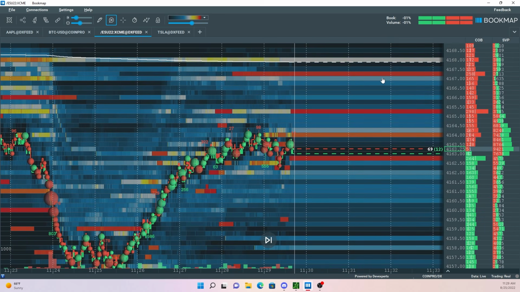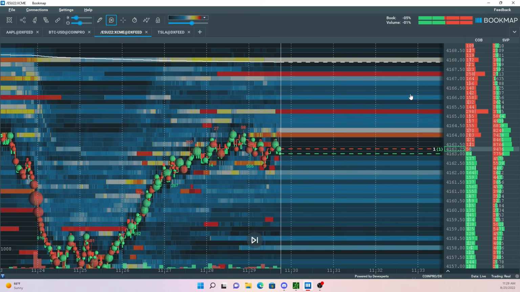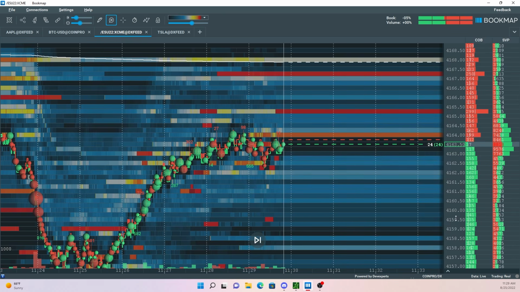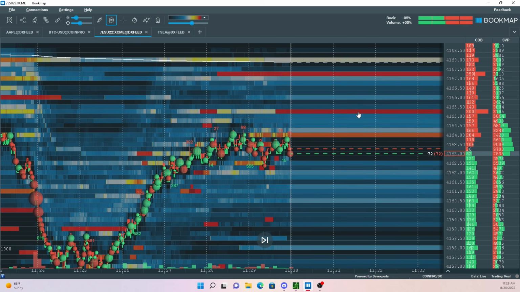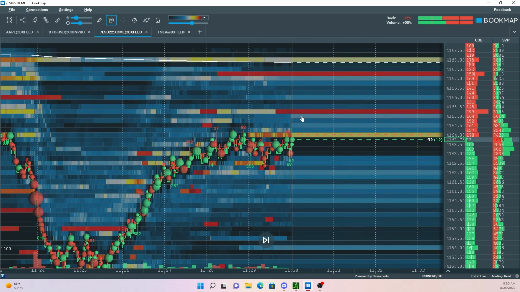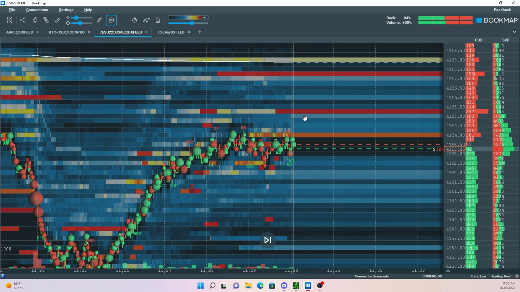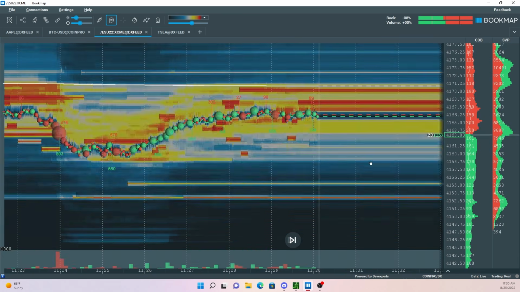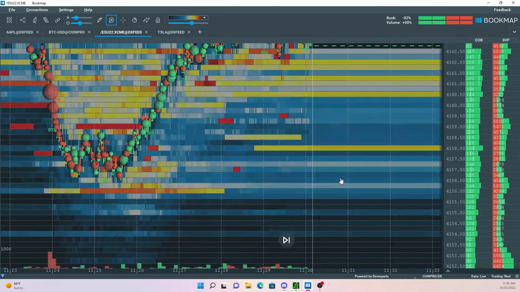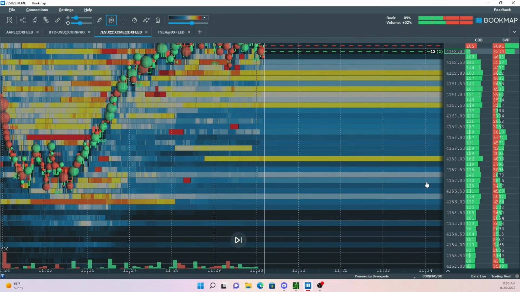Anybody could have caught that trade by simply looking at the S&P futures, realizing that there was a ton of sellers stacked at that level, not a lot of support. What ended up happening was the S&P futures traded up into that level, and the aggressive buyers could not surpass the passive sellers. So as a result, S&P futures dropped, and you could have caught yourself a very nice move to the downside. The same exact thing can happen if the S&P futures are dropping and we get really close to a strong support level.